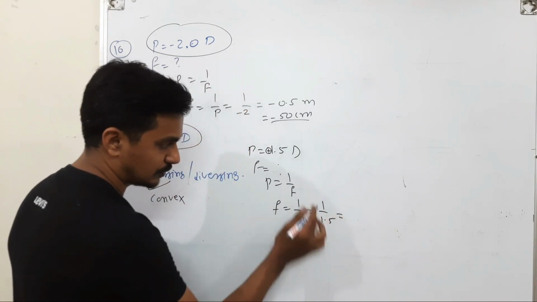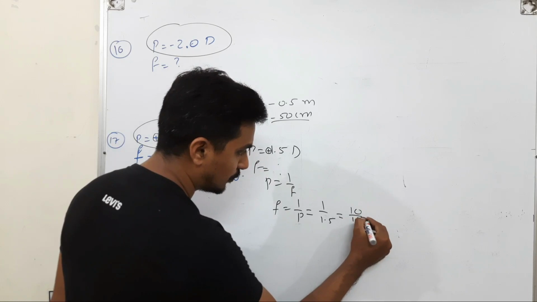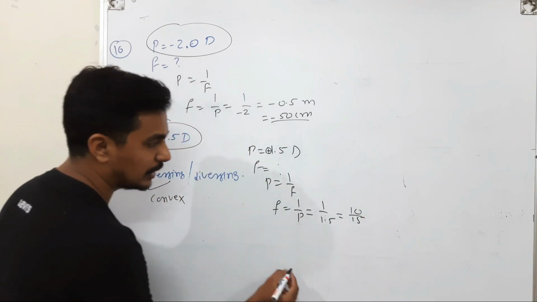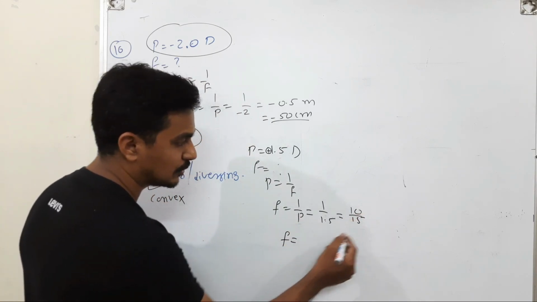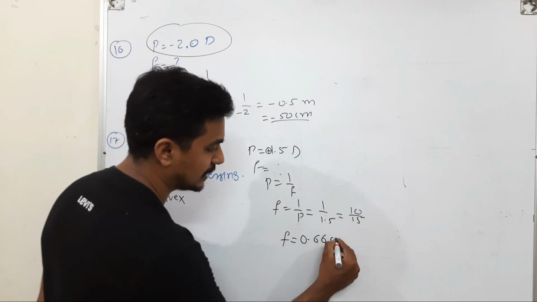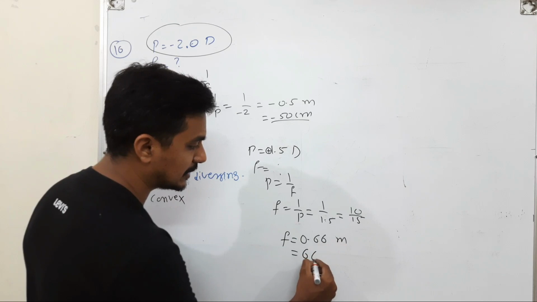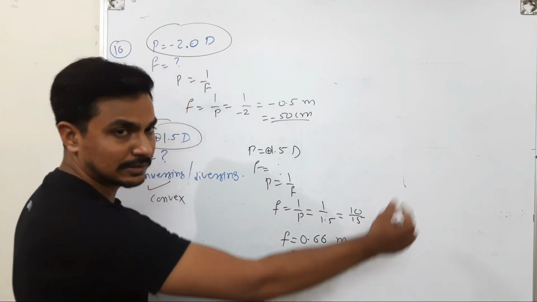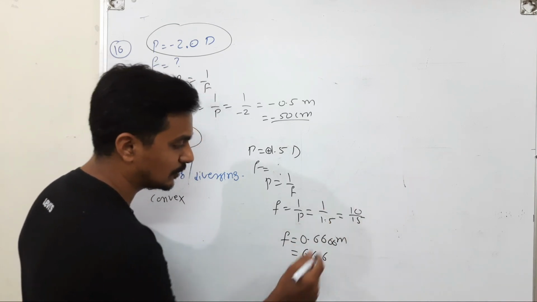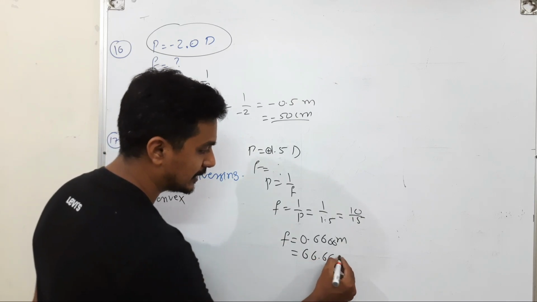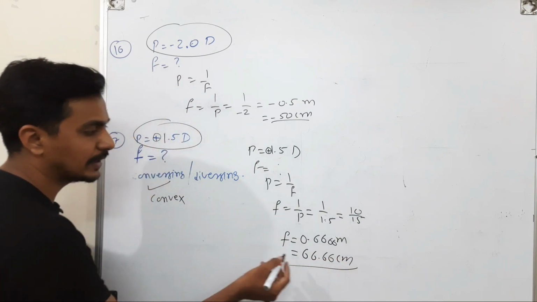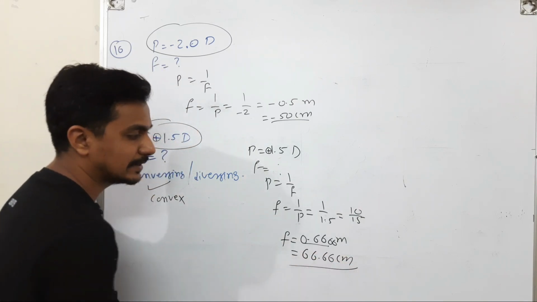If you solve it, you will get 10 by 15. So f is equal to 10 by 15, meaning 0.66 meter. So in centimeter it is 66.66 centimeter, or you can say 0.66 meter.